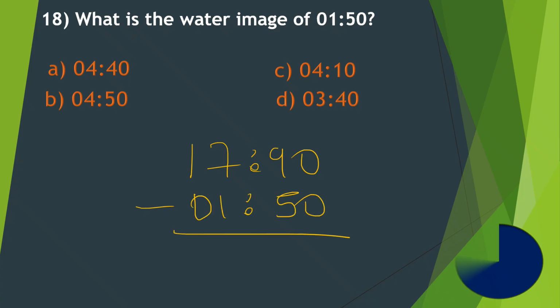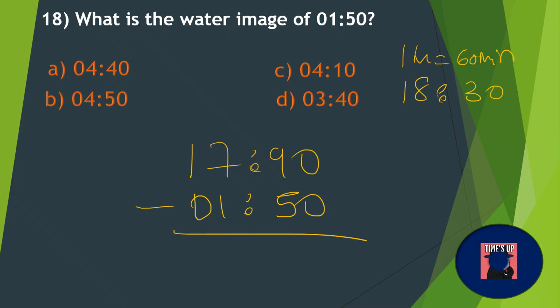That's it. How 1790 came? Because 1 hour is equal to 60 minutes. Correct? Now, 1830 you need to subtract from the real time. Correct? But here 150 is given. You can't subtract. Correct? Can you do this? Because 30 is smaller than 50.